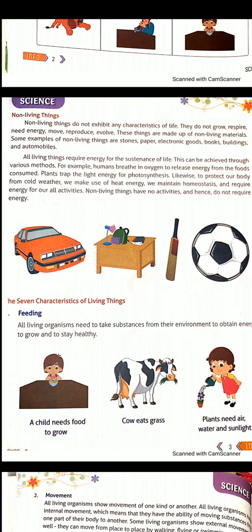Okay, but see, this bat, ball, table, car, they do not perform any activity, so they do not require energy. The main difference between living and non-living things is: living things perform activity, non-living things do not perform activity. Since living things perform activity, they require energy. Non-living things do not require energy.